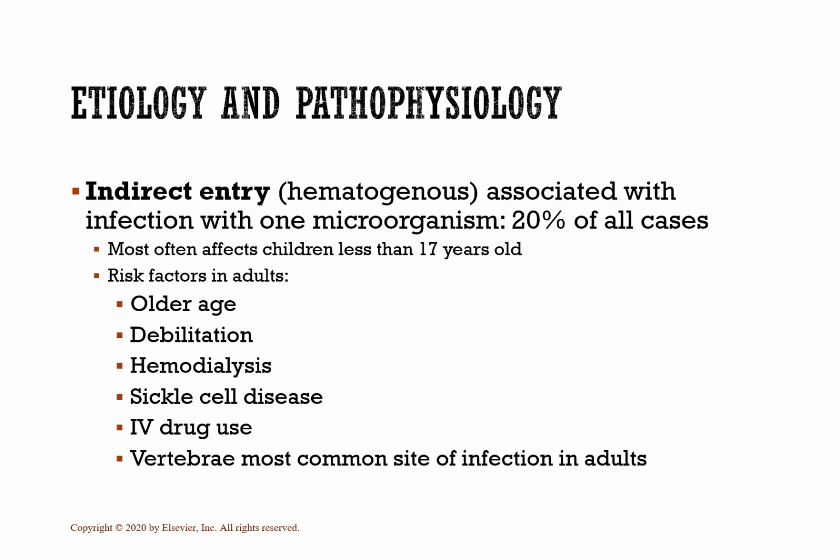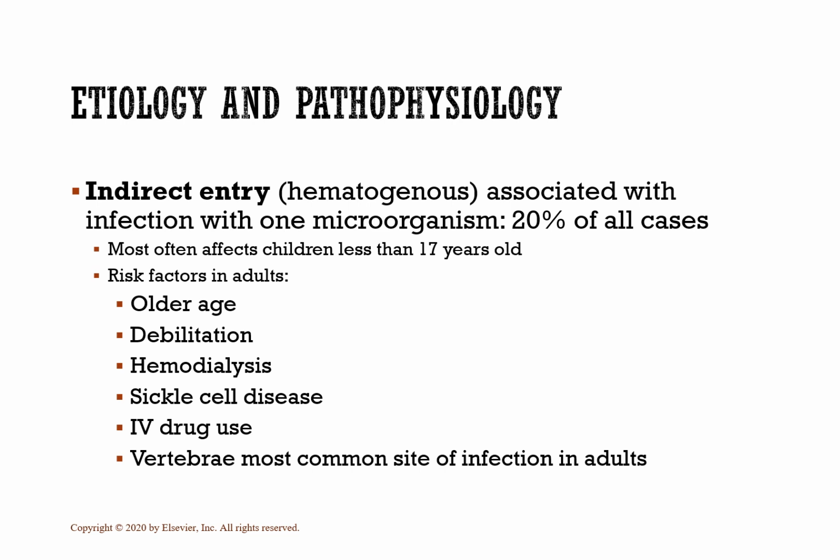Under osteomyelitis, you're going to see that they break this down as either being an indirect entry, which they call hematogenous. When they say something is an indirect entry as to how somebody got the osteomyelitis, it means that it came from another source. So it's something coming, let's say, from the blood, and then going to the bone.